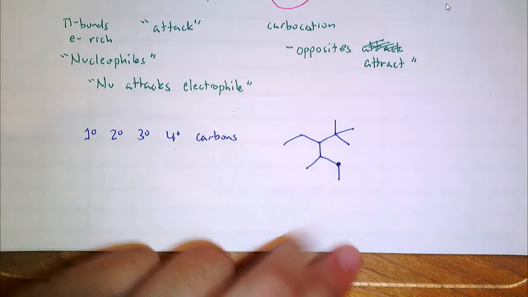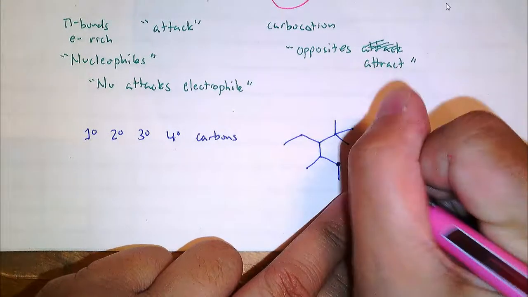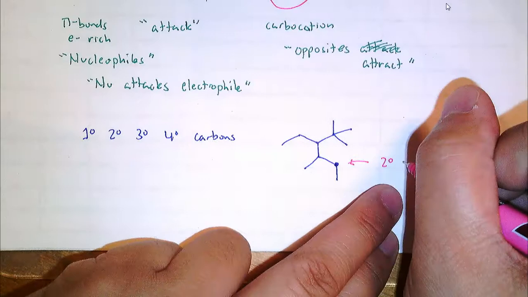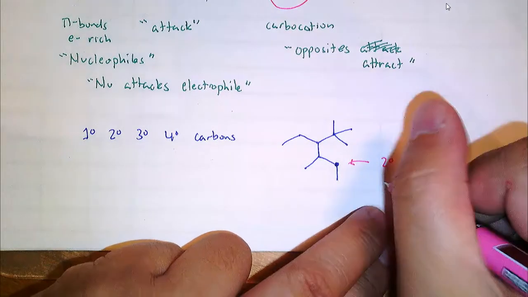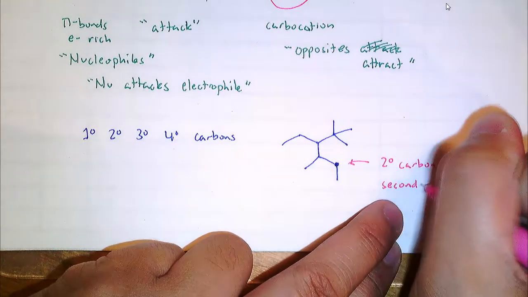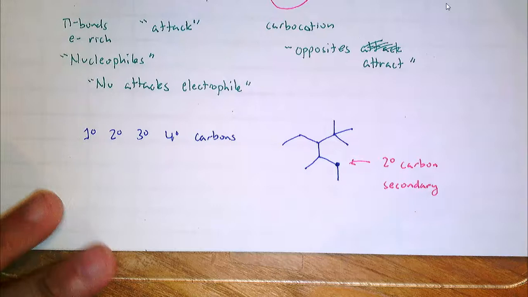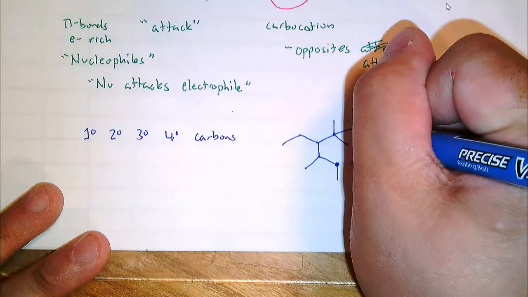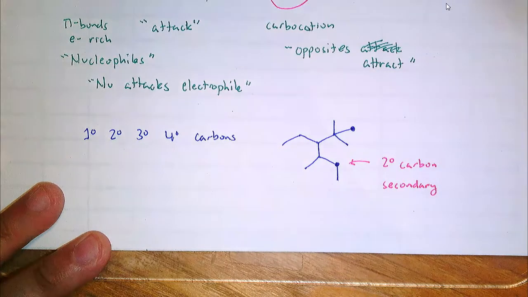This carbon is called a secondary carbon. Okay, don't spell it out, this is an abbreviation, but when you say it, this is secondary. Okay. Let's see if we can find a pattern. This one over here, that carbon is primary.